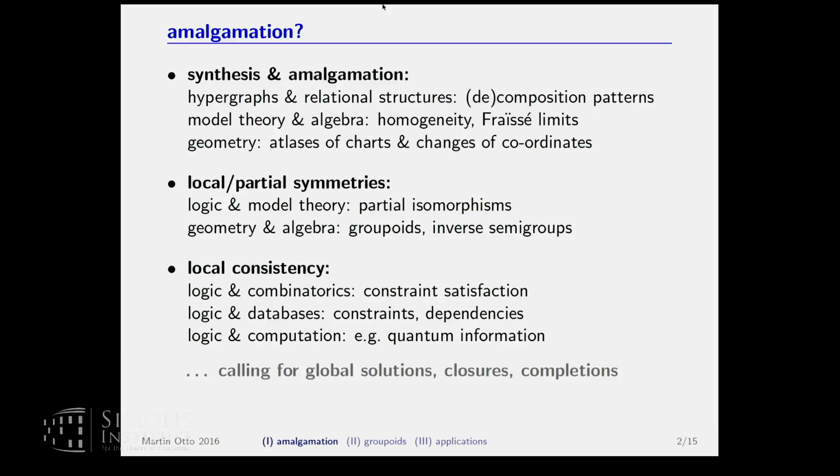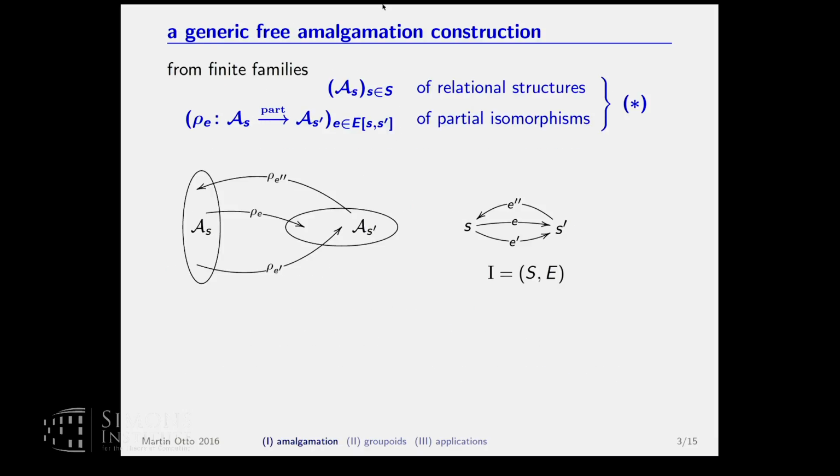Then local consistency, of course, occurs in many places, ranging from databases, constraint satisfaction to possibly quantum information issues. And I hope to convince you that there is an underlying task that has some impact on many of these areas. And so think of a construction task like this.